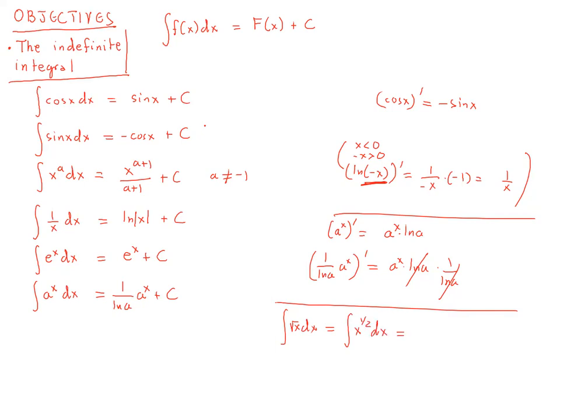So with a equals 1/2, this will be x to the 1/2 plus 1, which is 3/2, over 3/2 plus c. So this is 2/3 x to the 3/2 plus c. So that's how we can apply the power rule for antiderivatives.